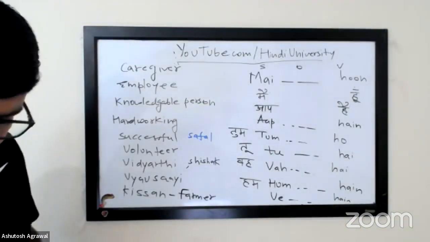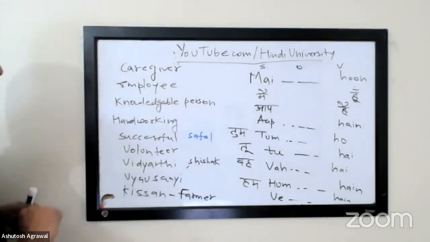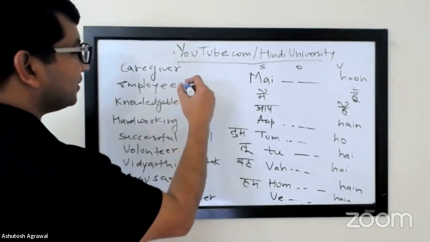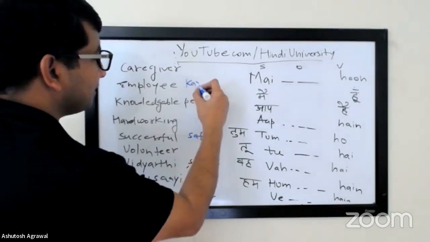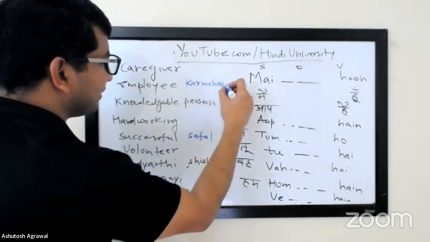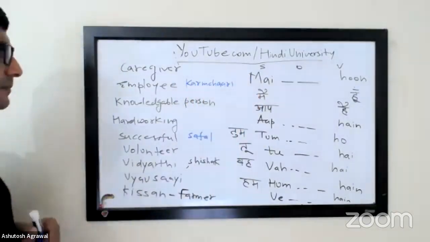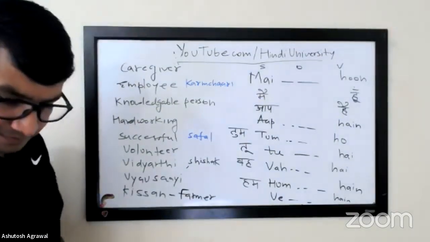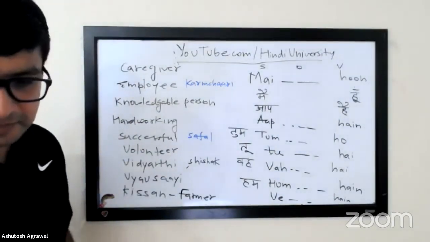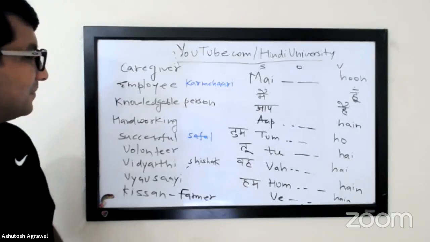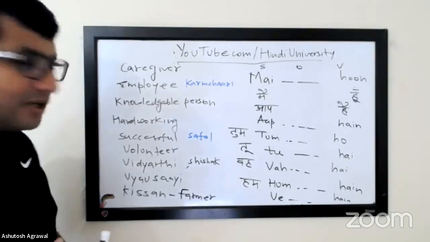What is कर्मचारी? कर्मचारी, employee. Yes, very good. So the word is कर्मचारी. Okay, मैं कर्मचारी हूँ. Keep going. वह volunteer है.